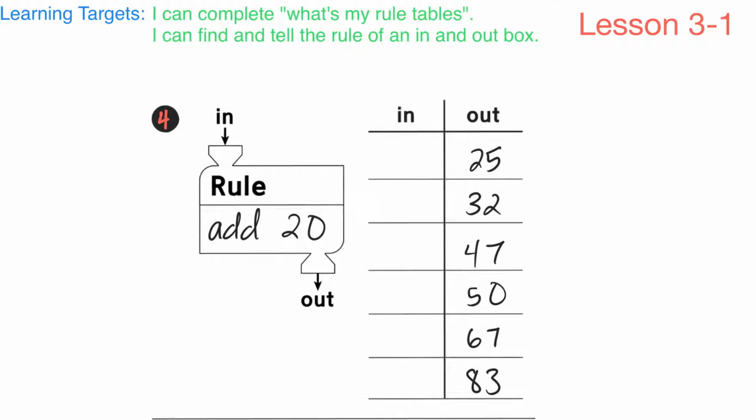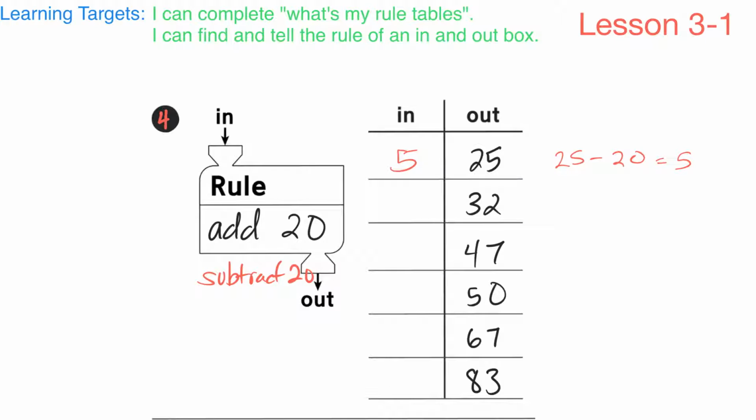All right, so we're looking again at our rule. Our rule is add 20, but we have all the outs. So again, we're going to be going in the opposite way through our in and out table. We're going in reverse order, which means the opposite of addition is subtract. So we're going to subtract 20. So I'm thinking 25 minus 20 equals 5.